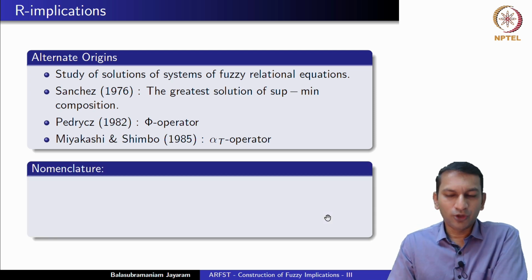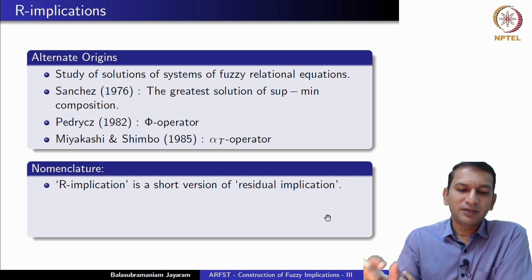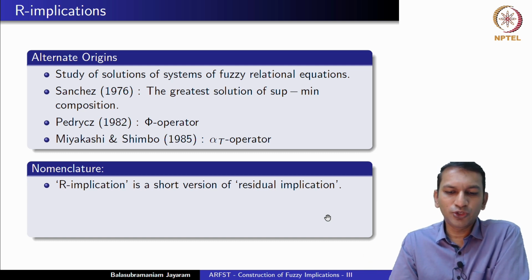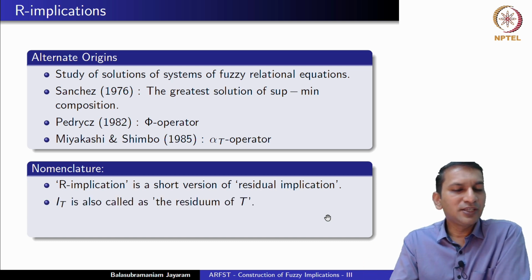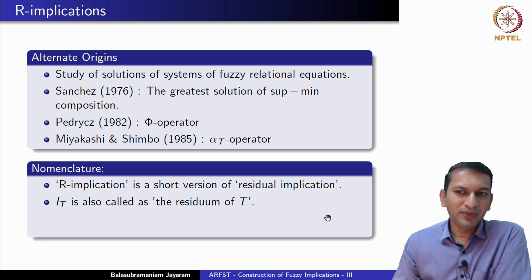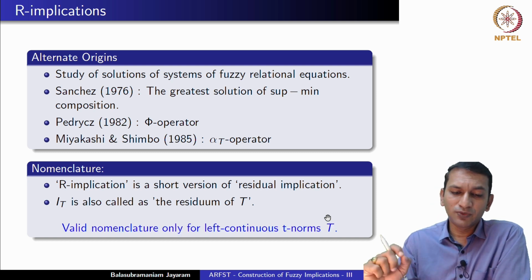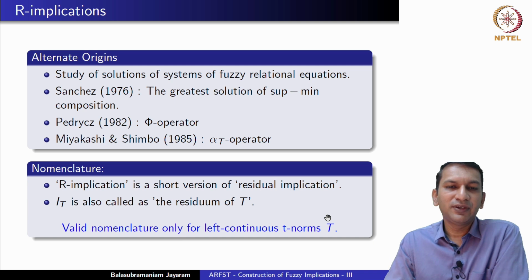Finally, a word about the nomenclature. The term R implication itself is a shorter version of residual implication, but we should be very careful in using this. I_T is also called the residuum of T, but this nomenclature is valid only if the T-norm is a left continuous T-norm.